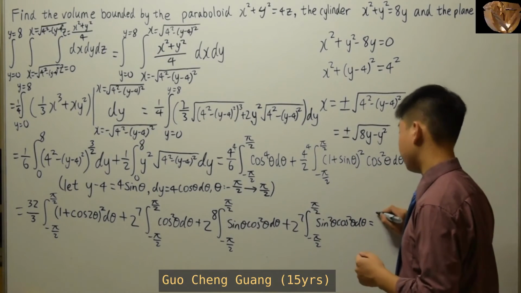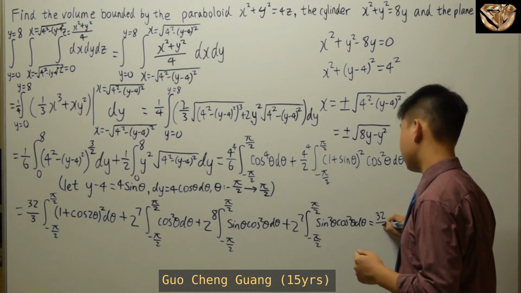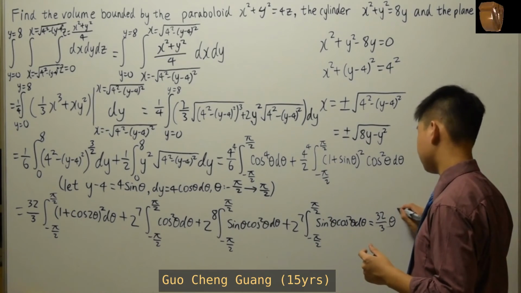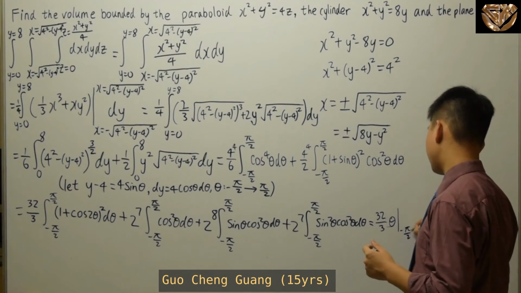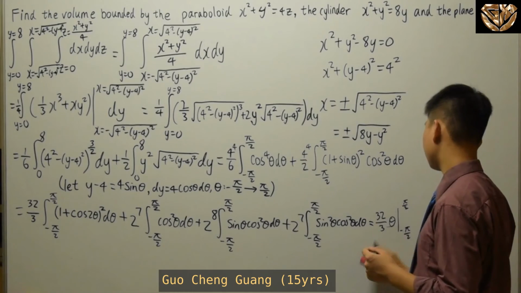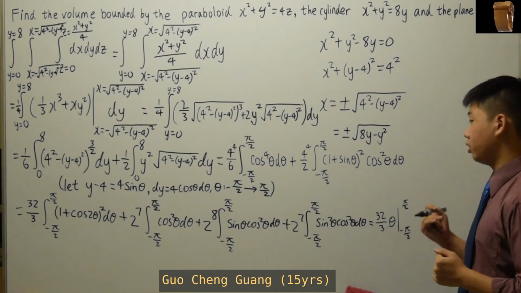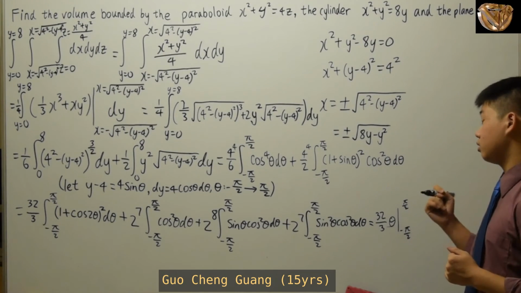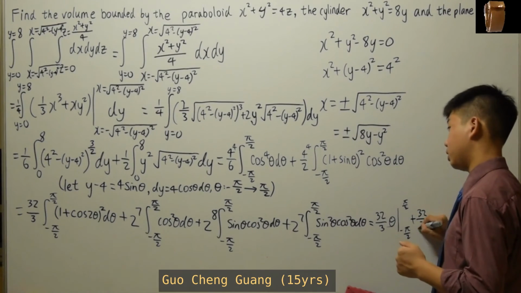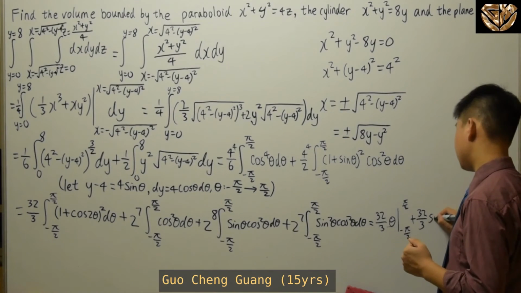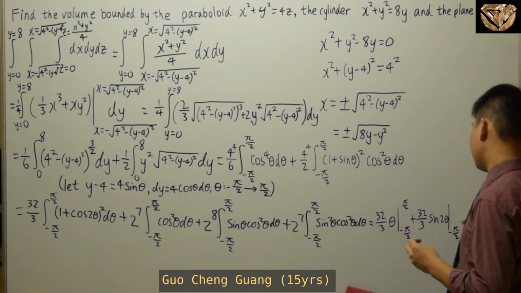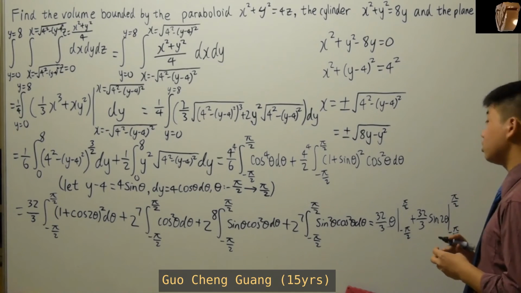In the first term, you're going to have 32 over 3. So since the first term is just 1, you're going to have theta. Then substitute in the values of negative half pi and half pi. Or for a second term, you're going to have 2 cosine 2 theta, where you're just going to have 32 over 3. So cosine becomes sine. So sine 2 theta, substituting the values from negative half pi to half pi.